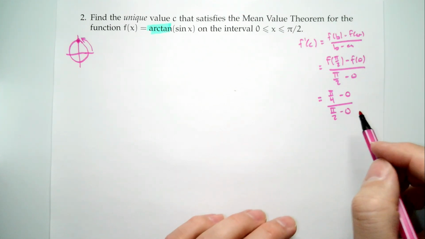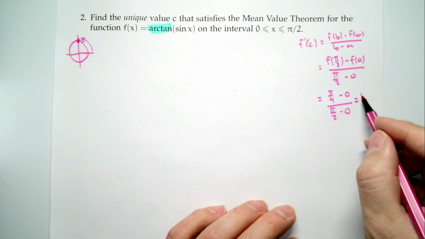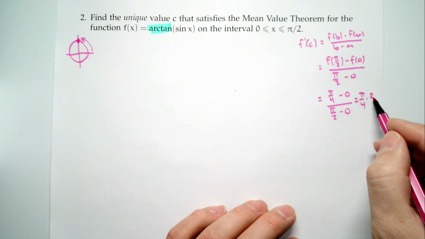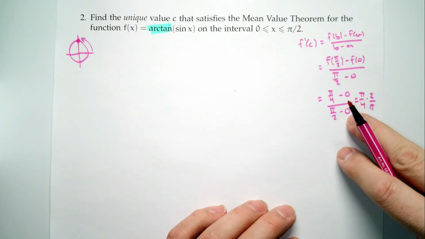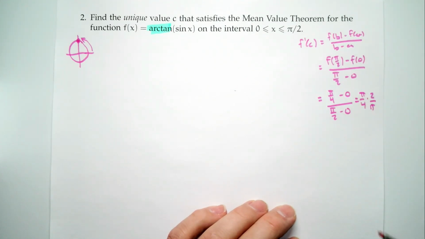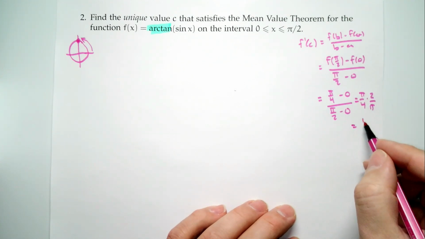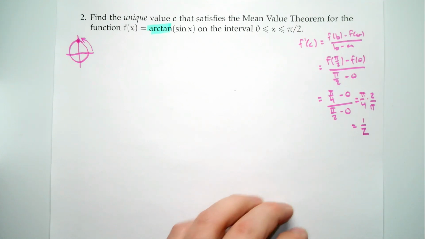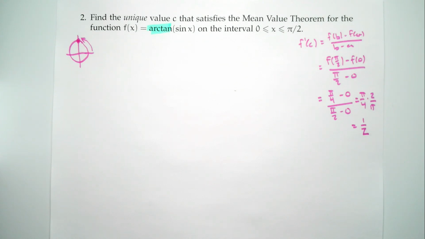In fact, it's not so hard. That's the same as pi over 4 times 2 over pi, because you can bring the bottom up, flip it over. The pi's cancel, and 2 over 4 gets us 1/2. All right. So now we say, okay, cool. That says we need to set the derivative equal to 1/2, which means we need to find the derivative.